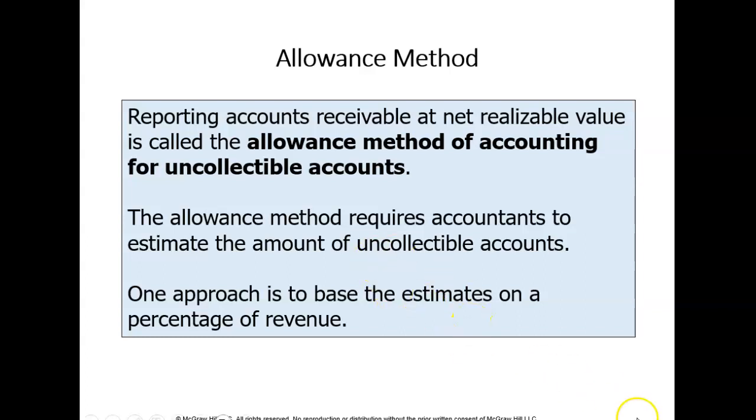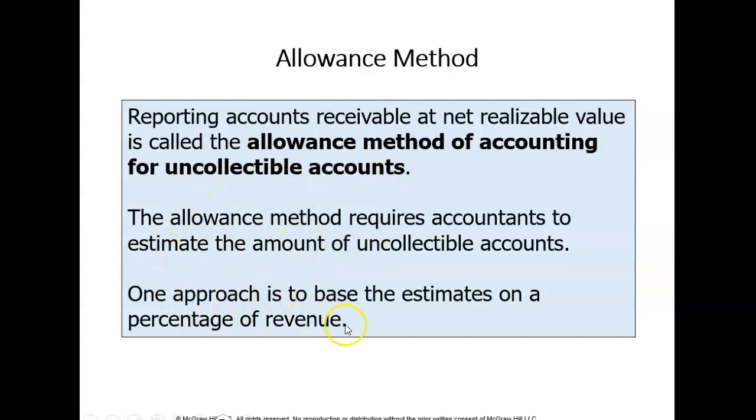So we have a way to estimate the uncollectible accounts. We have what's called the allowance method. The allowance method requires accountants to estimate the amount of uncollectible accounts. One way of doing this is what we call the percentage of revenue.